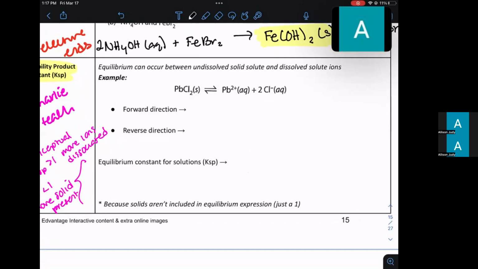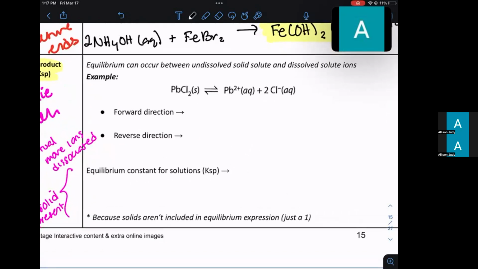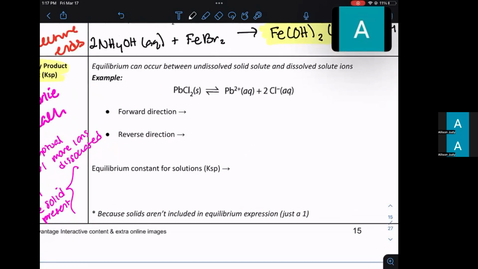So the concept is that you have an equilibrium between the undissolved solid solute and the dissolved solute ions. You'll see reactions will generally be written like this. The forward direction is producing free ions.